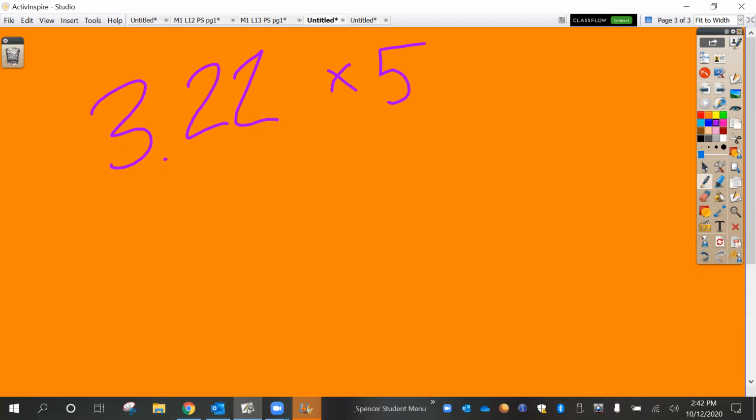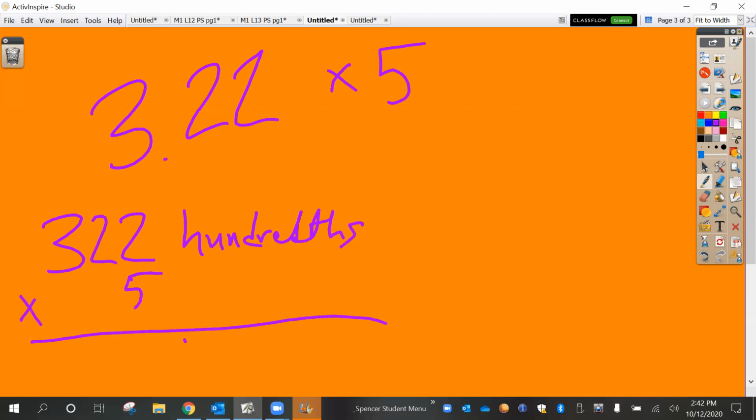All right, so let's do the vertical method first on this one. And let's convert it all to hundredths. So 322 hundredths. And we're multiplying that by 5. We know our answer is going to keep the same unit.